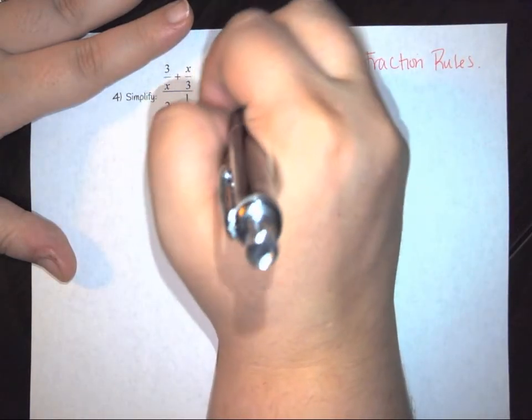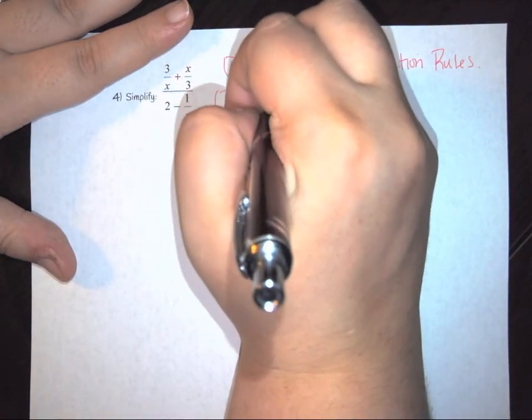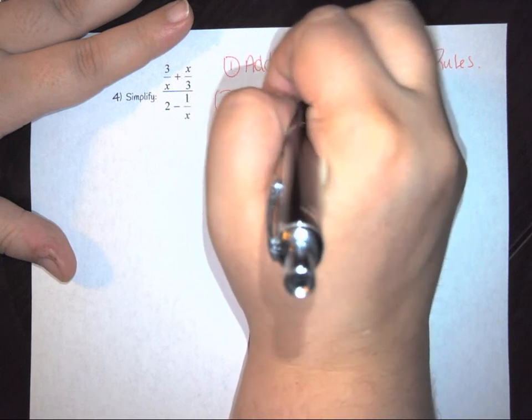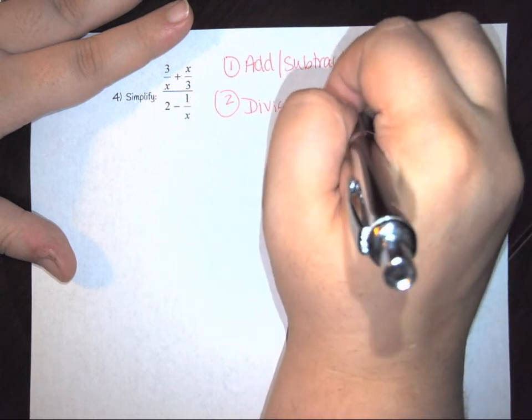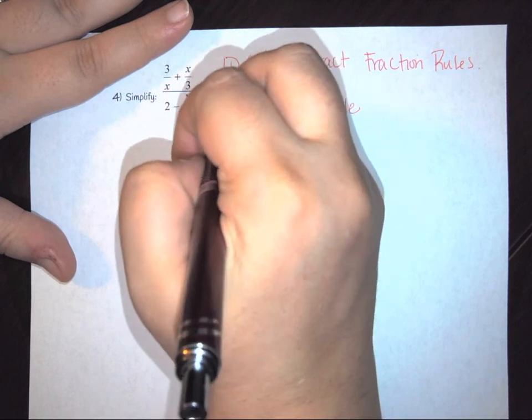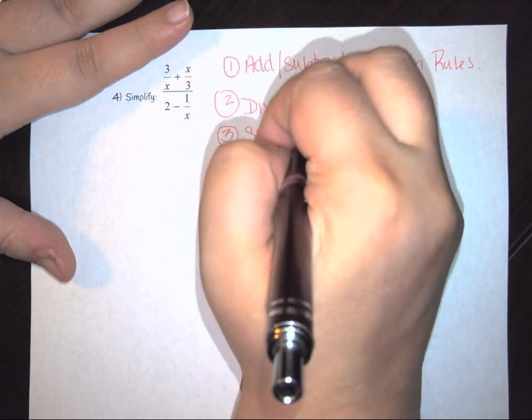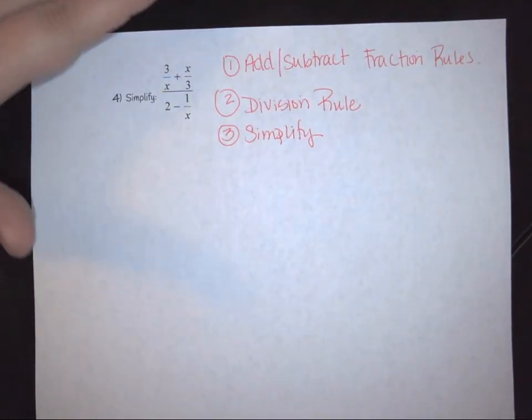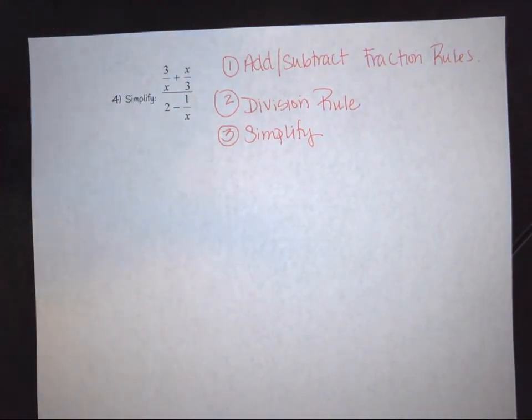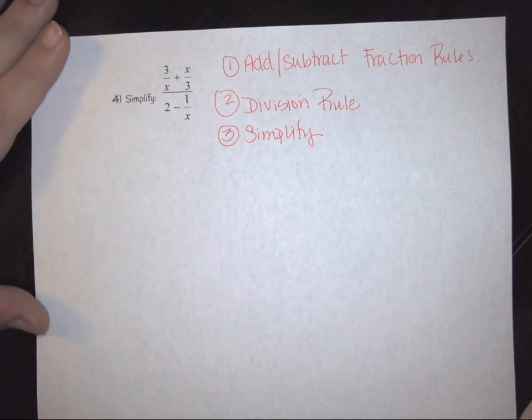And then the second thing you have to use is your division rule. Then the third thing you have to do is simplify and state your result.